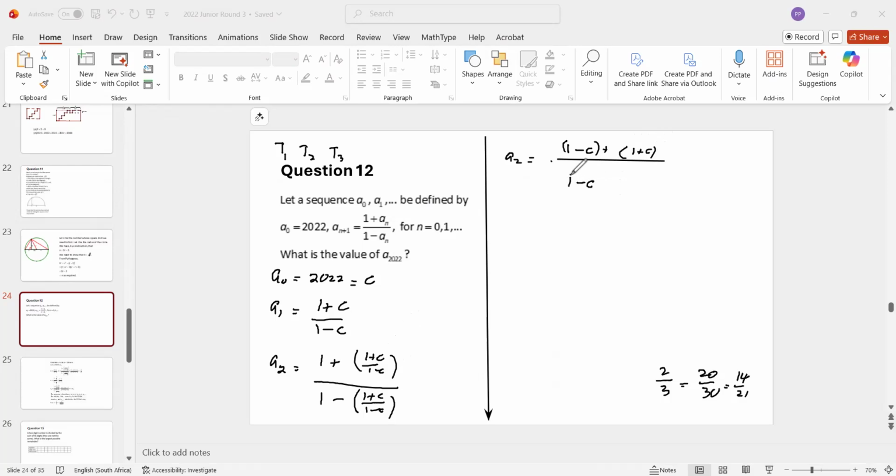You have to multiply the 1 by 1 minus C, and this is 1 plus C. If you remove the brackets, you have 1 minus C plus 1 minus C. Oh, I'm supposed to have a minus sign here.